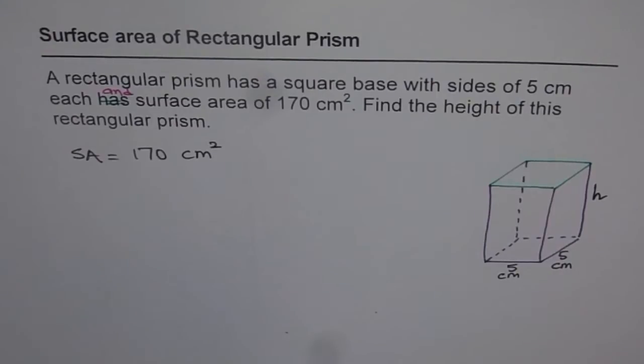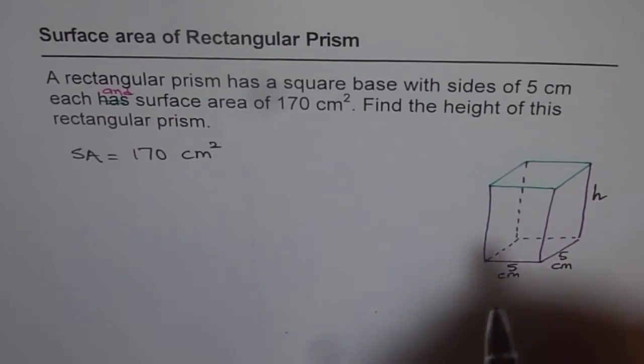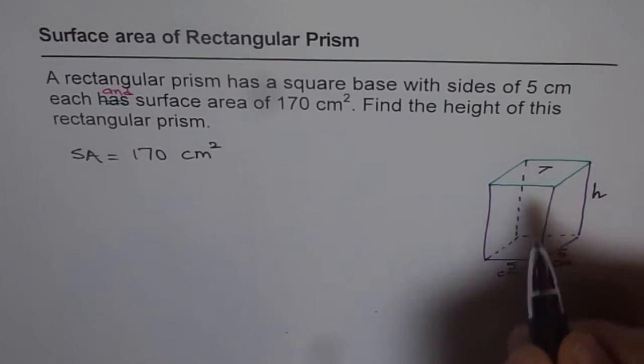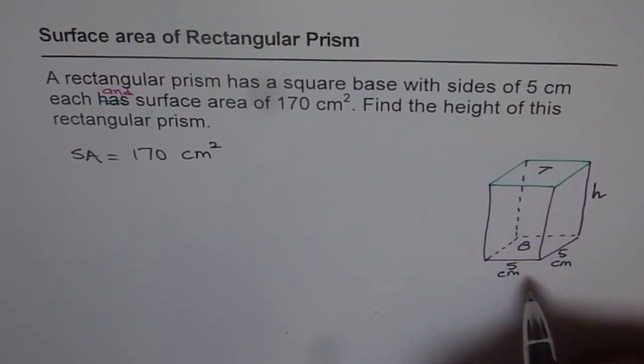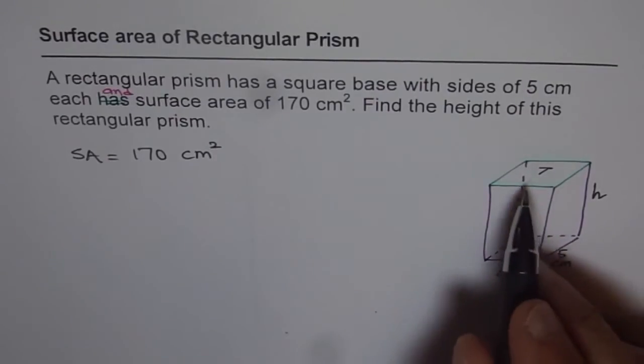So what is the height and how can we find it? Now, as you know, surface area means all the surfaces. A rectangular prism has 6 surfaces. So that is your top and this is the bottom, right? Now in this particular case, top and bottom area is 5 times 5 and 5 times 5.